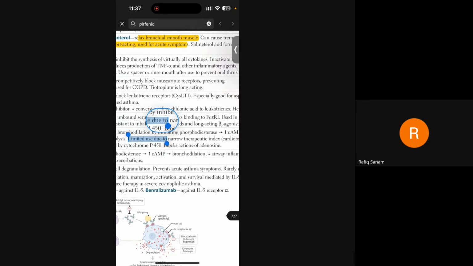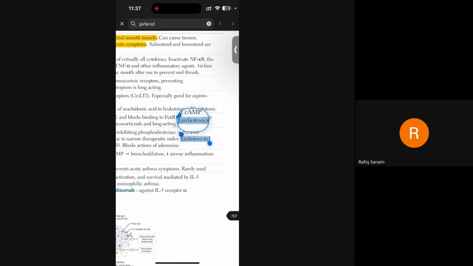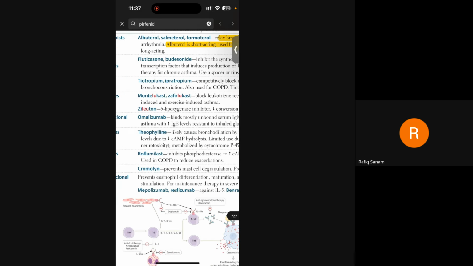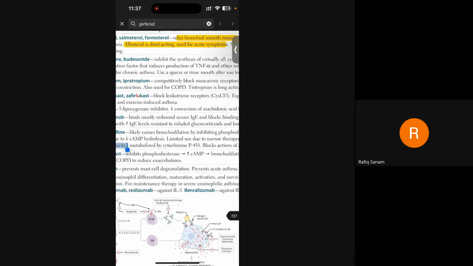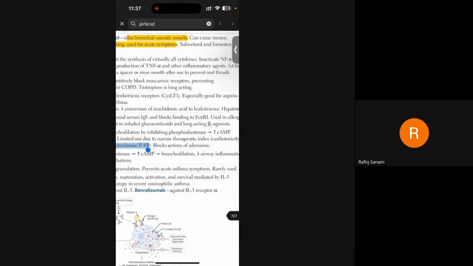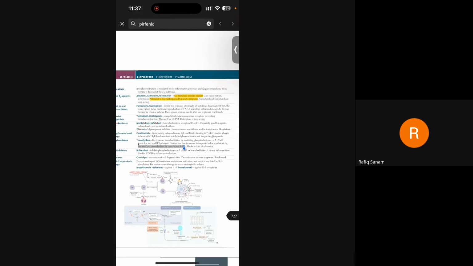We no longer use theophylline much now, due to its narrow therapeutic index and limited use, and it can cause cardiotoxicity and neurotoxicity. It is metabolized by cytochrome P450 and blocks the action of adenosine. So the two main points important for us: limited use due to narrow therapeutic index, and its toxicity can lead to cardiotoxic and neurotoxic signs. And it is metabolized by cytochrome P450.